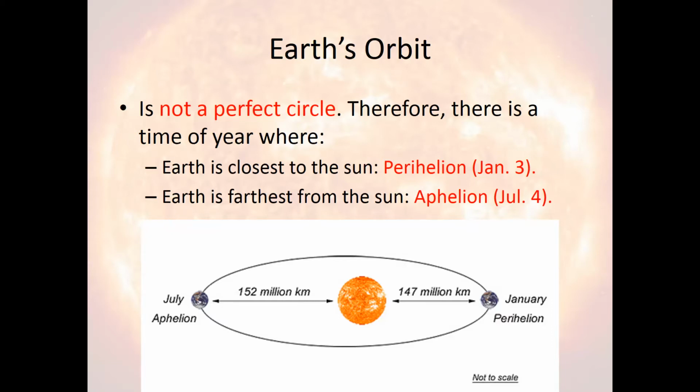And if it was, well, the whole world would be in winter in June, July, and August, and the whole world would be in summer during December, January, and February. Well, we're going to talk a little bit more about seasons in a moment and what actually creates them.